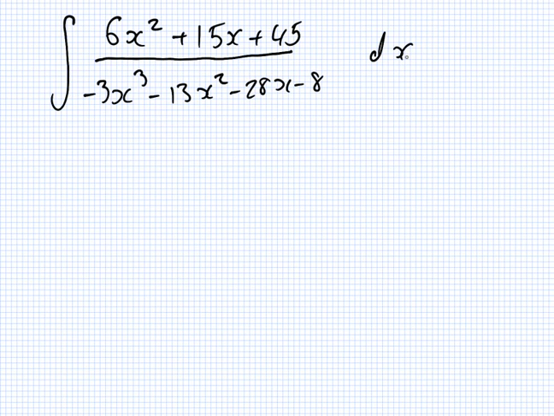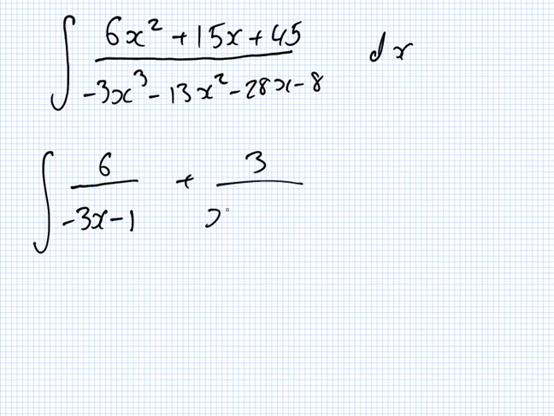Here, Ray, take the headphones out. Okay. Here, I can split this up as 6 over minus 3x minus 1 plus 3 over x squared plus 4x plus 8 dx.